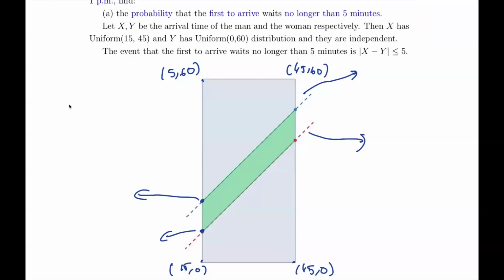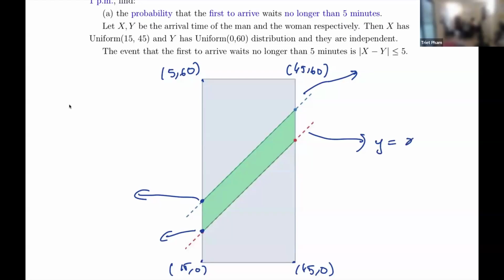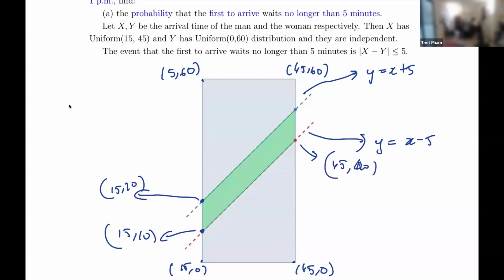The lower one is y minus x equals minus 5. The higher one is y equals x plus 5, correct. So this would be 15 and 10, and this is 15 and 20. I think we actually don't need this, but let's just plug in. This is 45 and 40, and this is 45 and 50.